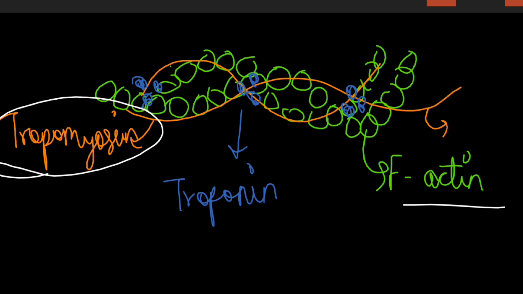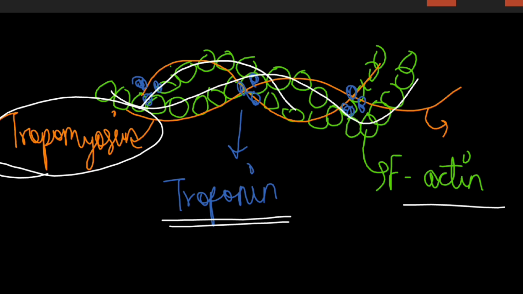A complex protein called troponin is distributed at regular intervals on the tropomyosin. So actually this is the F actin, which is green in color. Close to it runs tropomyosin, which is in orange color, and troponin is distributed on the tropomyosin, which we can see.